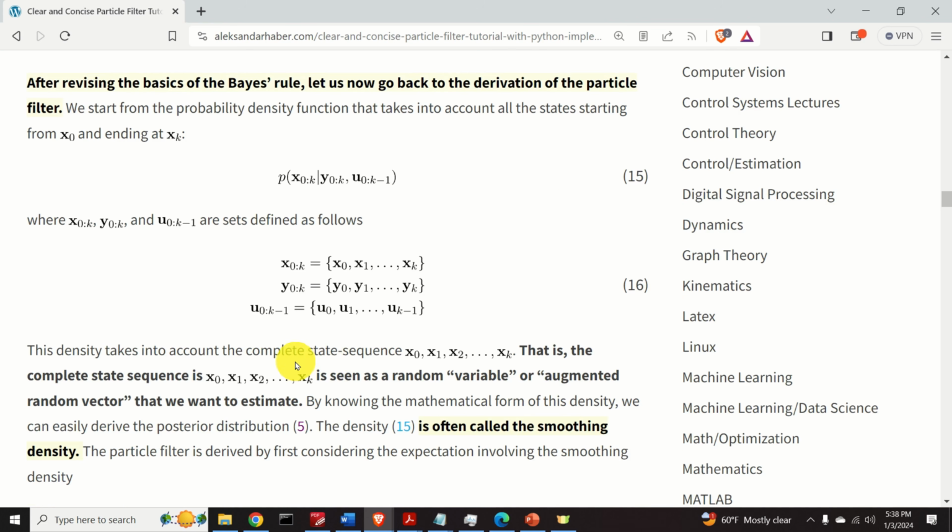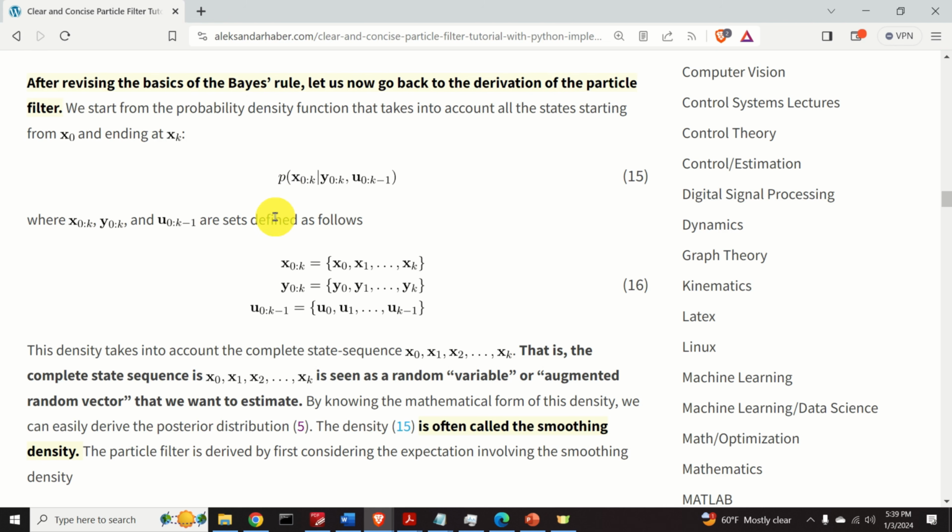This density takes into account the complete state sequence, x0, x1, x2, and until xk. That is, the complete state sequence is seen as a random variable or augmented random vector that we want to estimate. By knowing the mathematical form of this density, we can easily derive the posterior distribution. This density is often called the smoothing density.